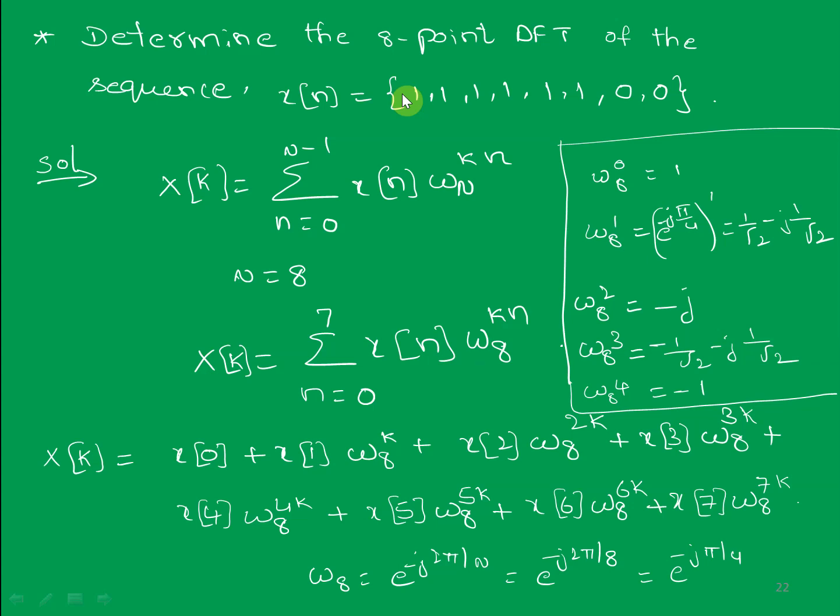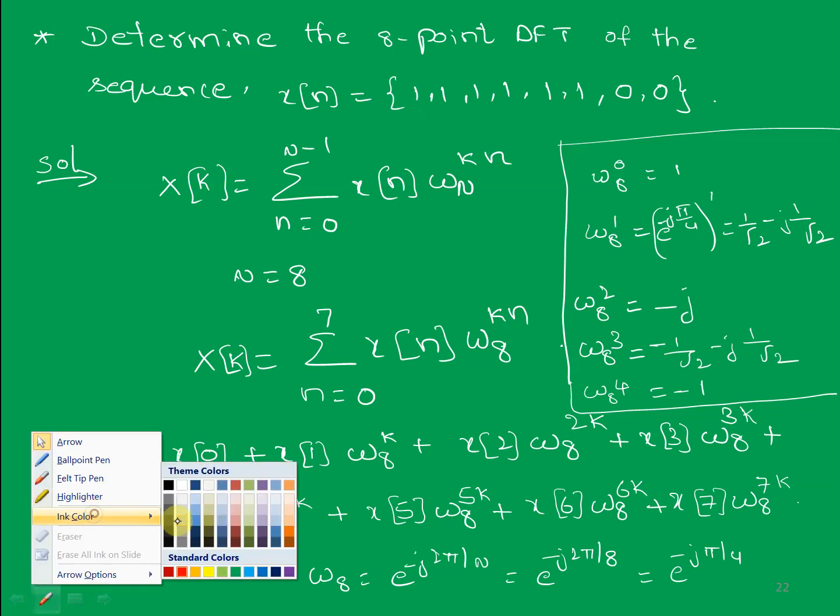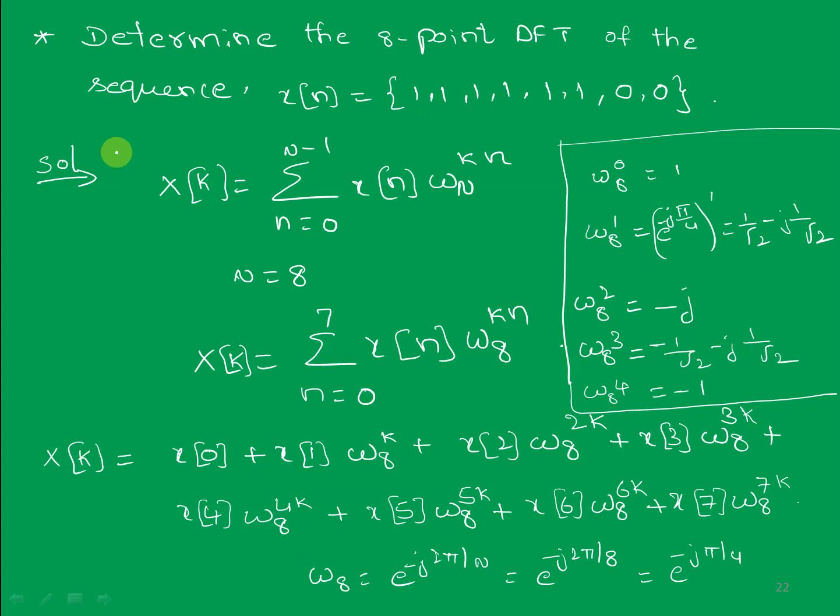First note down the definition of the DFT. The n-point DFT is X of k equal to summation n equals 0 to N minus 1 x of n W_N power kn, where k is between 0 and N minus 1.